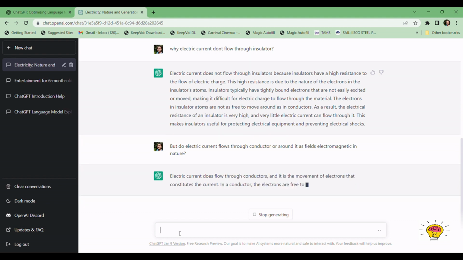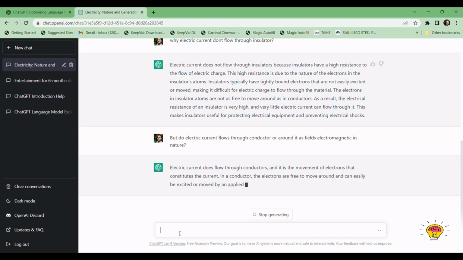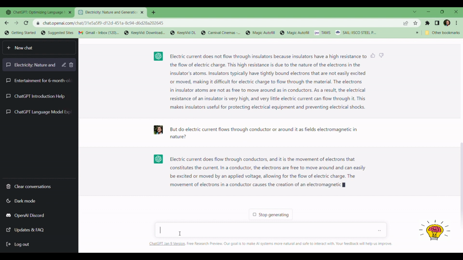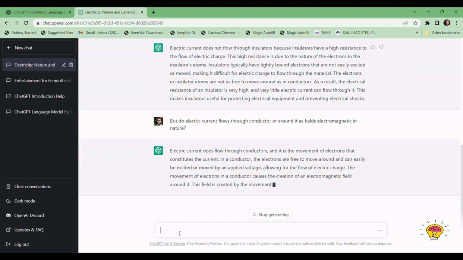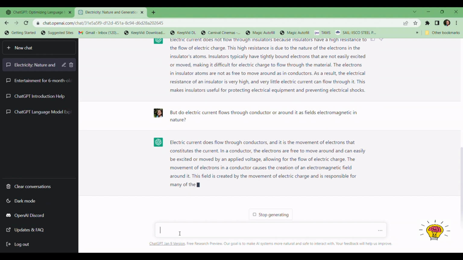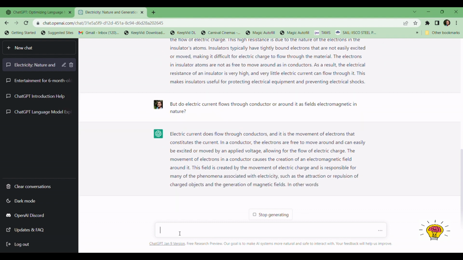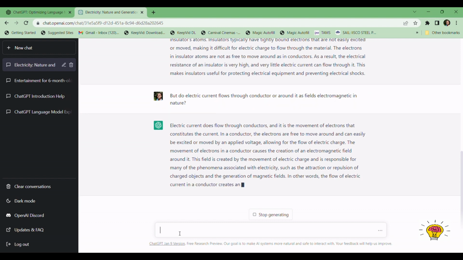Electric current does flow through conductors, and it is the movement of electrons that constitutes the current. In a conductor, the electrons are free to move around and can easily be excited or moved by an applied voltage, allowing for the flow of electric charge. The movement of electrons in a conductor causes the creation of an electromagnetic field around it.